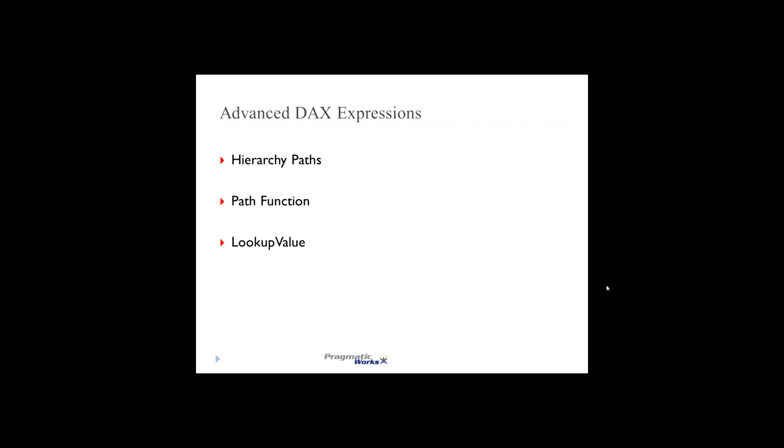So you can see who answers to who, and you kind of get an org chart for your company using this. In the multidimensional world, it works great. You drag and drop into your cube, boom, you're good to go. Everything's great. But in DAX, it doesn't quite work like that. You have to actually manually tell it to use that hierarchy. And there's a path function and a lookup function that you can use to make that happen. It's not terribly difficult to make that happen.